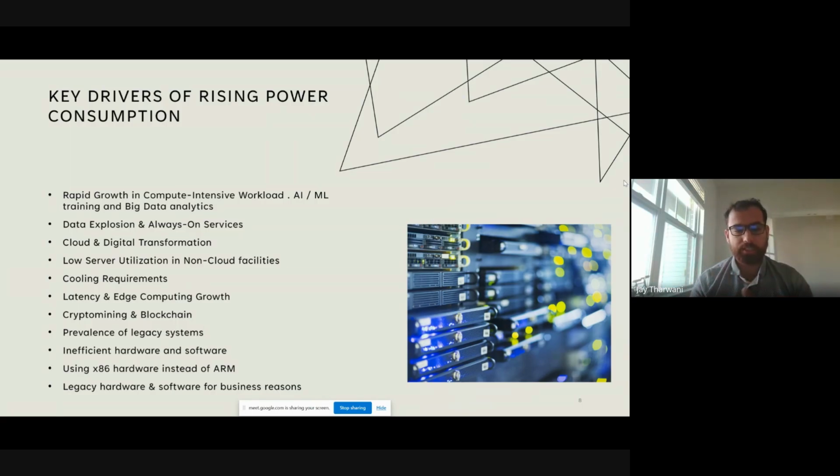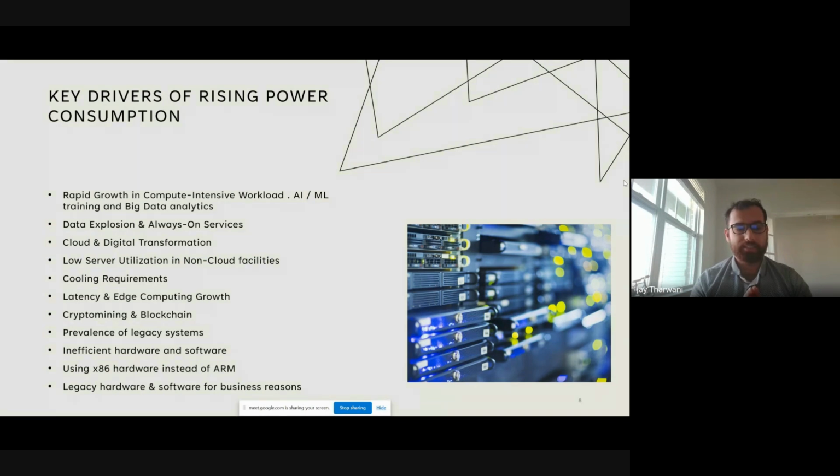Then you have prevalence of legacy systems. I remember, the IBM mainframe, if anybody knows about it, was released somewhere between 1950 and 1970, and it is a very backdated system, right? But some of the companies in the financial sector still use it. They are still using the mainframes to store and run their applications, which is a very outdated system. People do it because they never got the capability, or they never came to the conclusion that they wanted to transition into new systems.